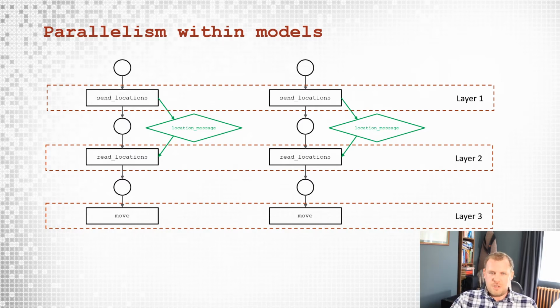Concurrency exists where we have two different agents performing a different function. Because they don't depend on each other, there's no dependency between these two agents. They can independently perform these send location functions, and this means that those functions can effectively take place at the same time.